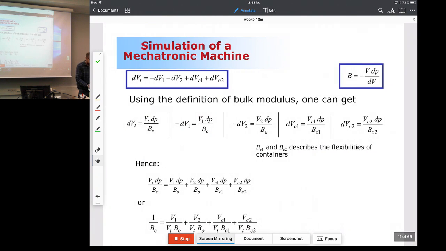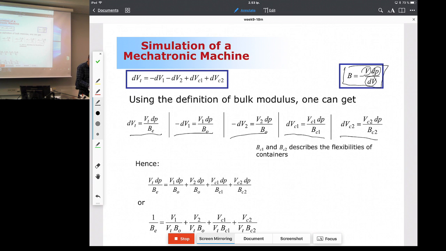Then I'm going to use the definition of bulk modulus that was introduced in the previous slide. The definition of bulk modulus was simply the volume size multiplied by the pressure difference, divided by the change of the volume. Now I'm going to introduce the concept of total volume: the fluid in container 1, fluid in container 2, container 1, and container 2.